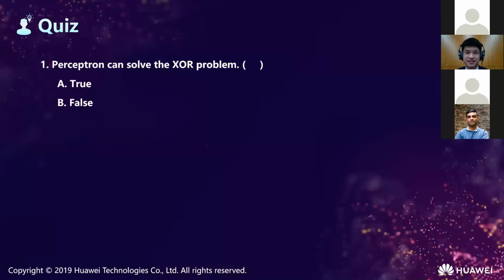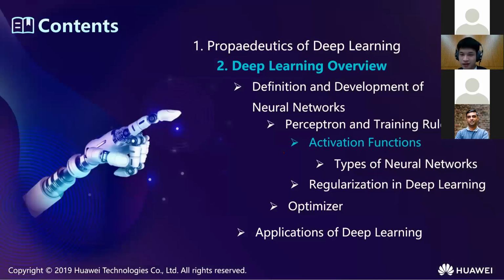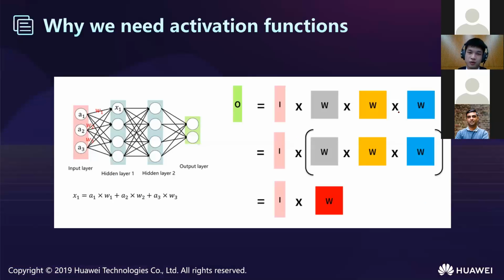And then we will talk about the activation function. It's a very, very important part of the neural network. So what is the activation function? We can use one vector to indicate the input layer, a 3-dimensional vector.